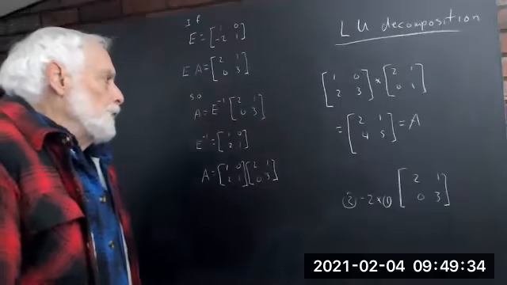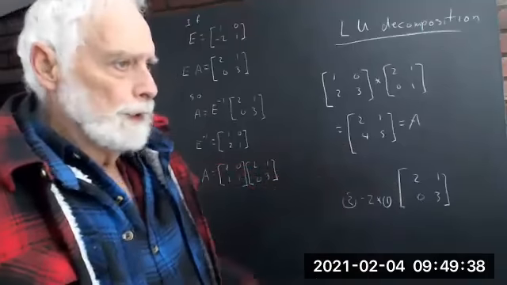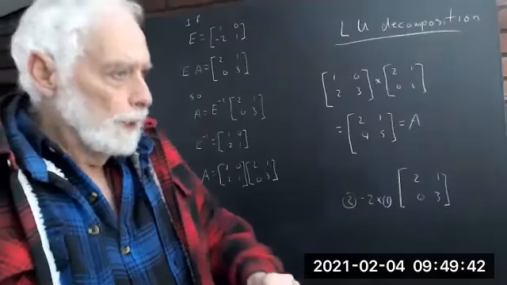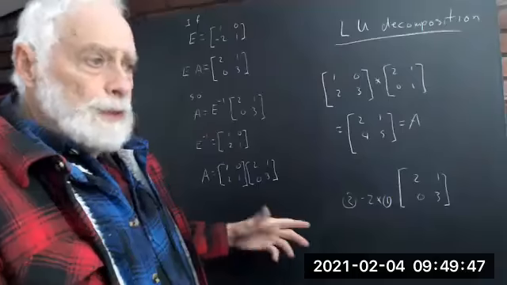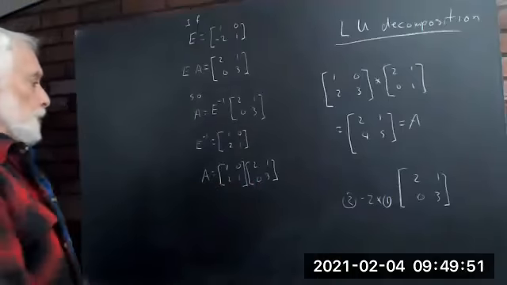Now, as long as you can reduce the matrix A to upper triangular form just by adding multiples of rows to others, you're going to get an LU decomposition. It's not always possible. It doesn't work for every matrix.